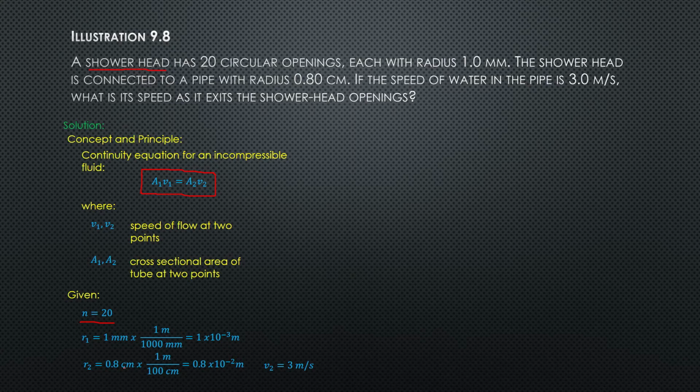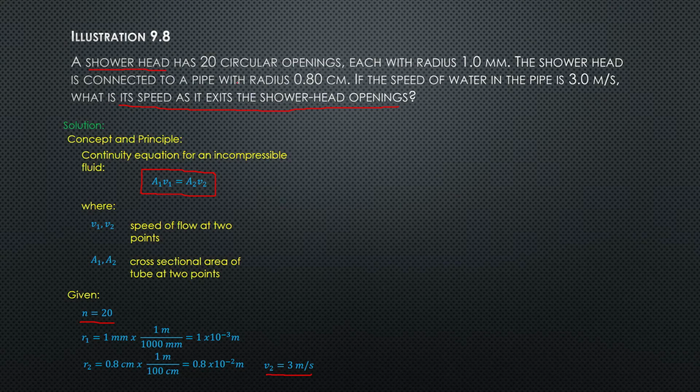For the pipe, the radius is 0.8 centimeters, so you divide by 100 to get meters, which gives us 0.8 times 10 to the negative 2 meter, at point 2, with a velocity of 3 meters per second. Now the question is, what is the speed as it exits the shower head openings?